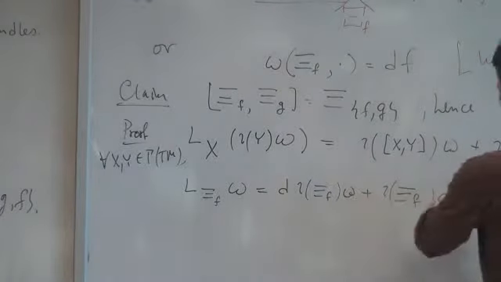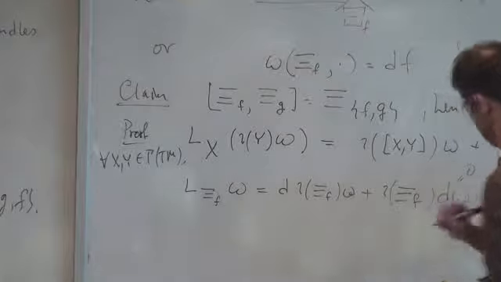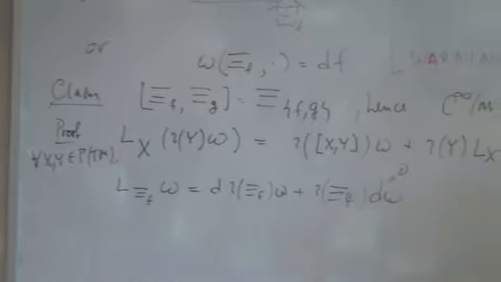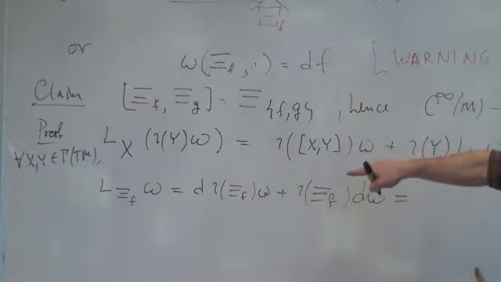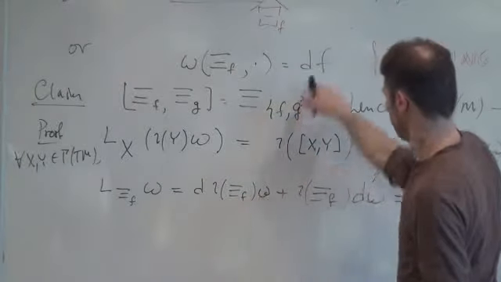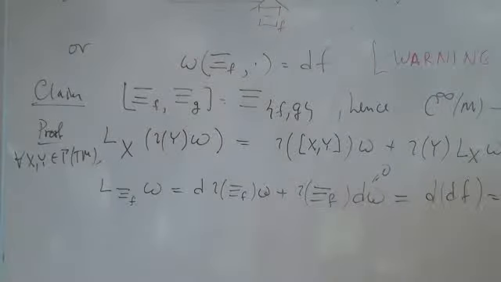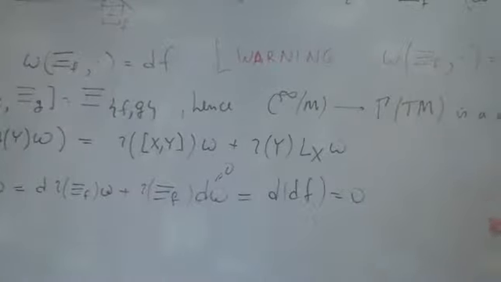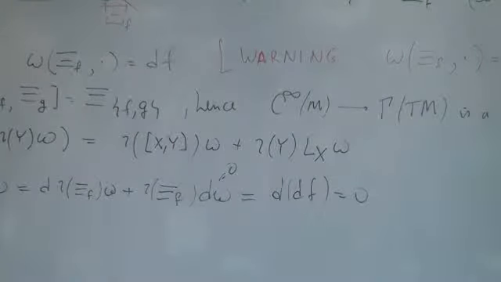Now let's see. d omega is 0 because omega is a symplectic form, by definition. And here, let's see, what was my definition of the Hamiltonian vector field? I get d of df, and I get 0. So it's worth noting that the flow of a Hamiltonian vector field preserves the symplectic form. Always. All right.